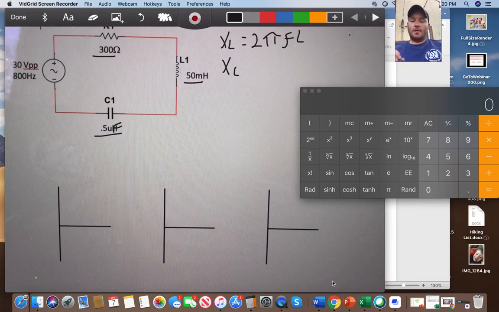So I'm going to delete these, and my frequency is 800 hertz, and my inductor is 0.05. Sorry, my iPad wouldn't let me go in that direction. Let's calculate that out here.